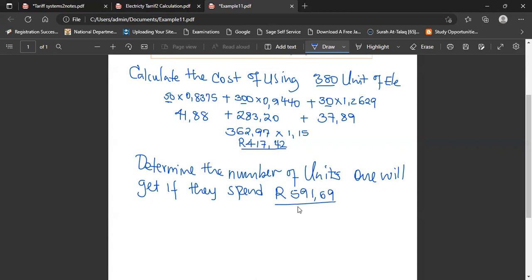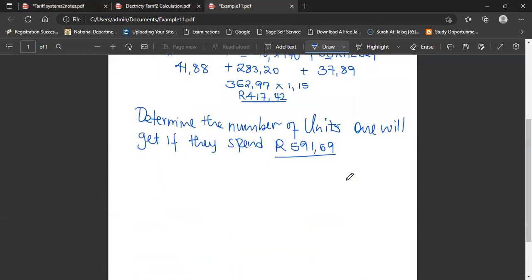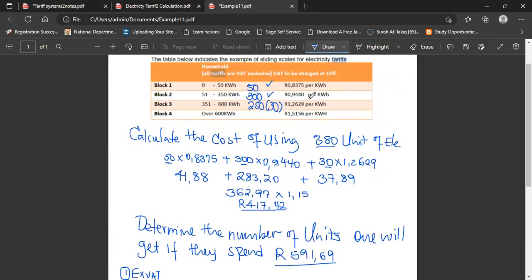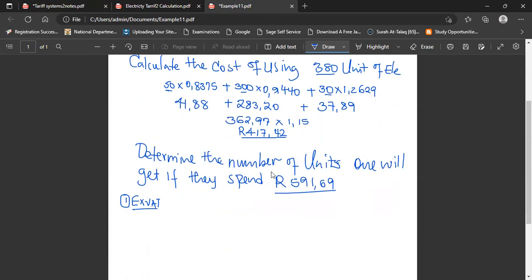First and foremost, if you have this much money, because the values you have in the table exclude VAT, the first thing you're going to do is exclude VAT. Step number one, exclude VAT. Why am I excluding VAT? Because the cost I'm looking at in the table does not have VAT, while this money already includes VAT. So let me first exclude VAT from the money the person has.